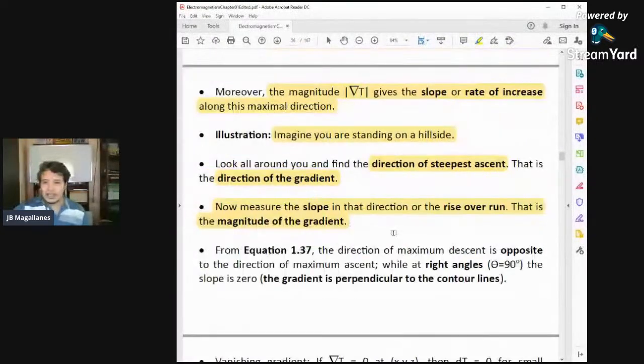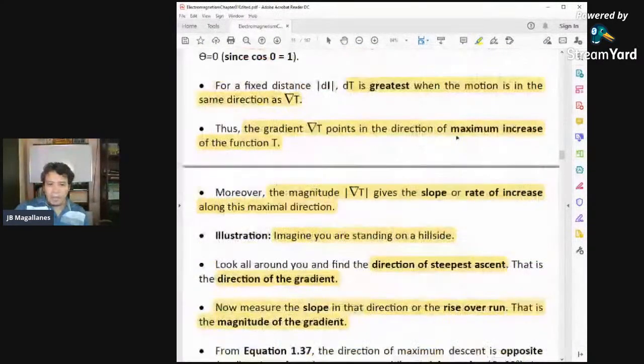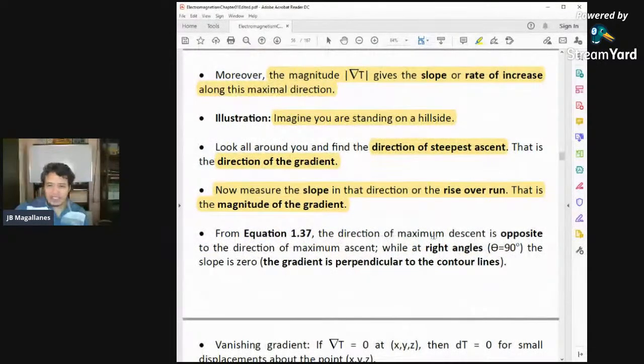So, like in equation 137, the direction of maximum descent is opposite to the direction of the maximum ascent. And if theta is equal to 90, the slope is perpendicular. I mean, the gradient is perpendicular to the contour line.